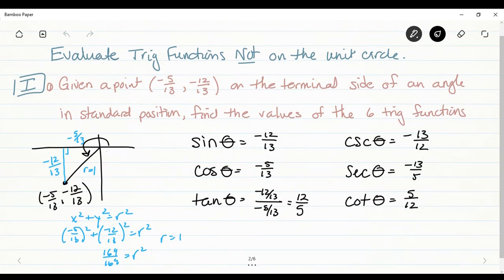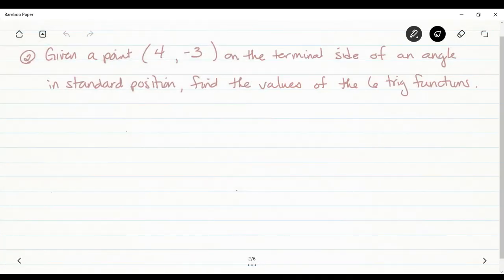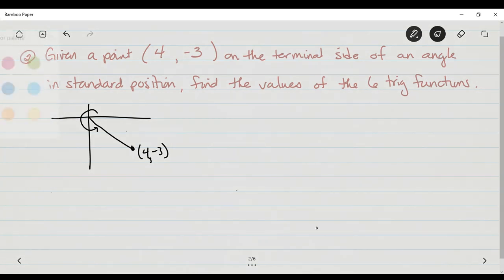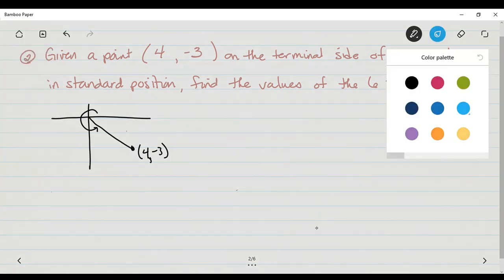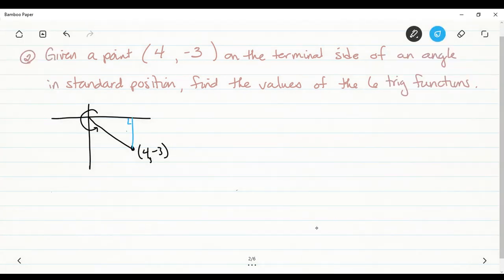All right, so let's look at a point that is definitely not on the unit circle: 4, negative 3. If we take a second and plot this, 4, negative 3 has a terminal side in quadrant 4. When we draw our little reference triangle here, we've gone over positive 4, down negative 3 with y.